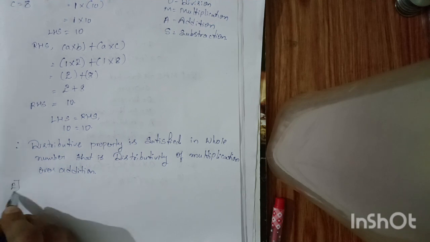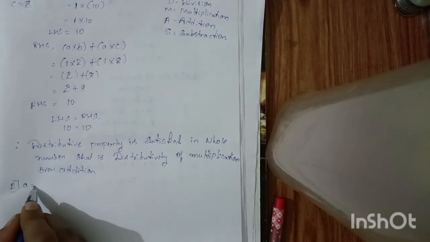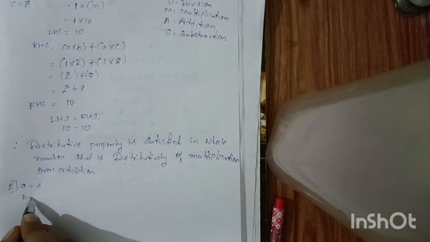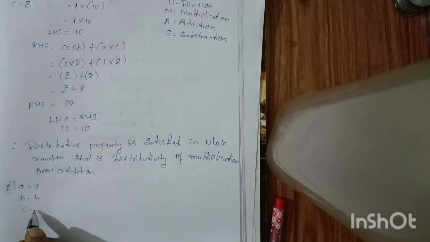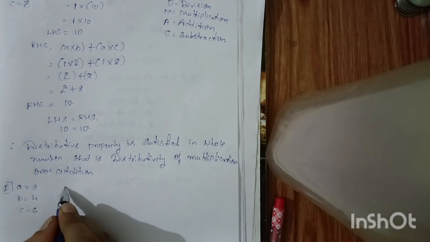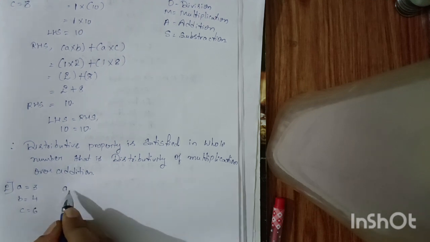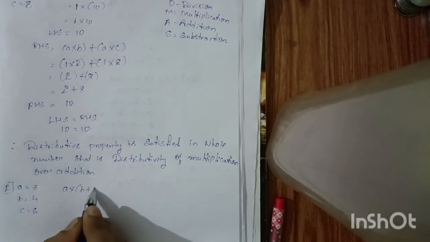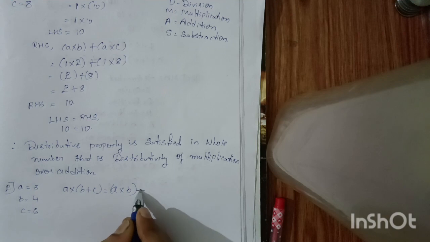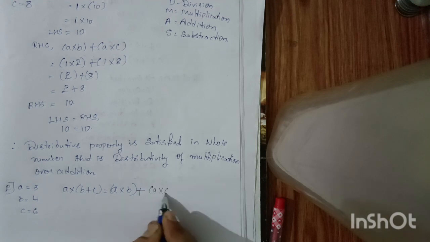Take the second example. So a is equal to 3, b is equal to 4 and c is equal to 6. So what does the distributive property say? a into (b plus c) is equal to a into b plus a into c.